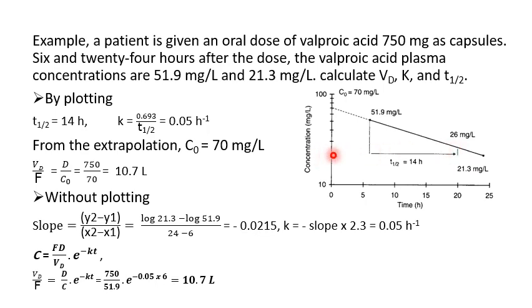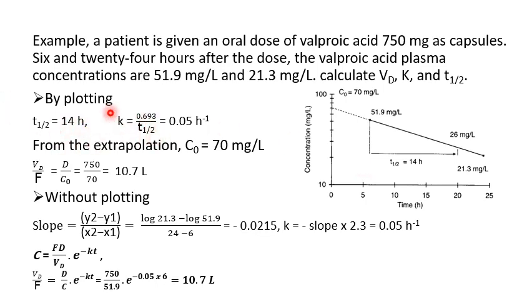We draw a straight line from 26 until it hits the plasma curve, and the time here is 20 hours. The difference between 20 hours and the 6 hours for the first point is 14 hours, and therefore the half-life of the drug is 14 hours.